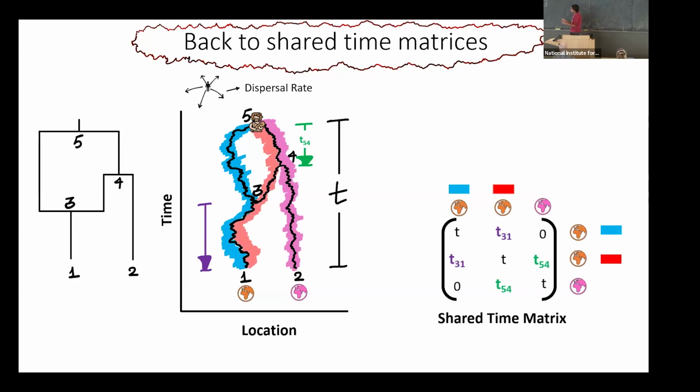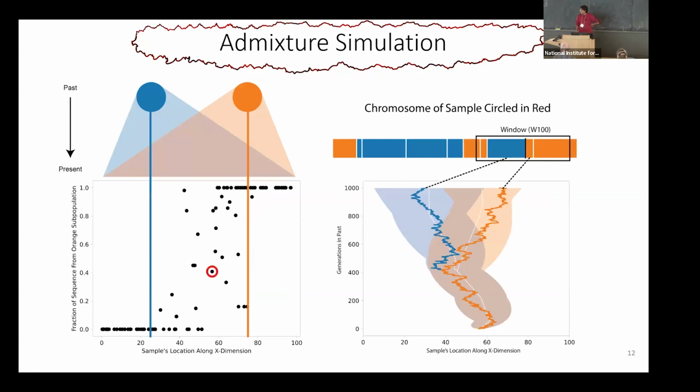So instead of having 2 things that you're computing the shared time between, now there are 3 things. And the covariance depends in a complex way on this, but this is the object that you end up with after doing this generalization using Brownian bridges. And then you can do your usual inference using these matrices. What it allows you to do is see a simulation, which we ran to demonstrate the usefulness.